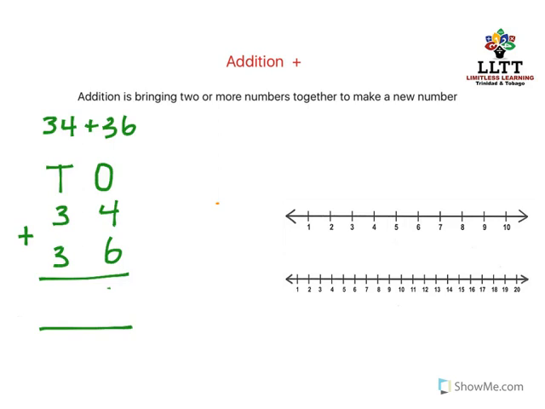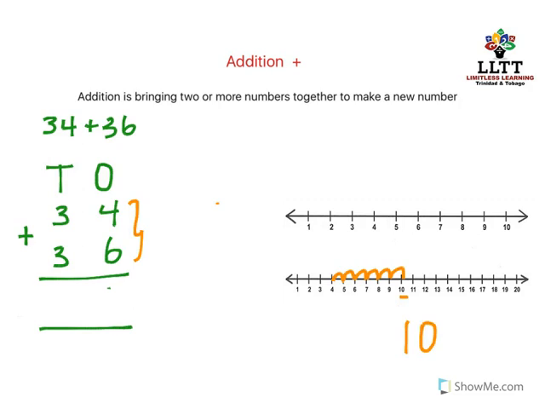So the first thing I want to do is add my ones. So 4 plus 6, I'm going to start at 4. I'm using this one at the bottom, and I'm going to move 6 places to the right. That's 1, 2, 3, 4, 5, 6. That takes me to 10. 10 is 2 digits.